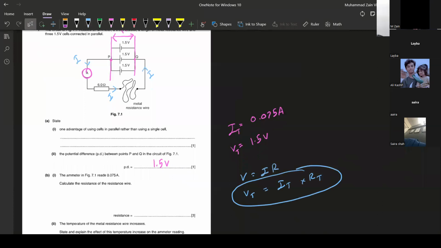So I rearrange my formula and I get RT equals VT over IT. This gives me 1.5 divided by 0.075. Can someone tell me the answer for this?